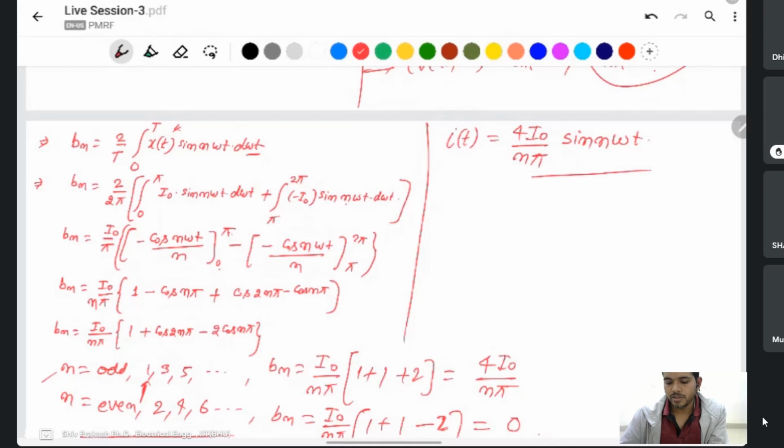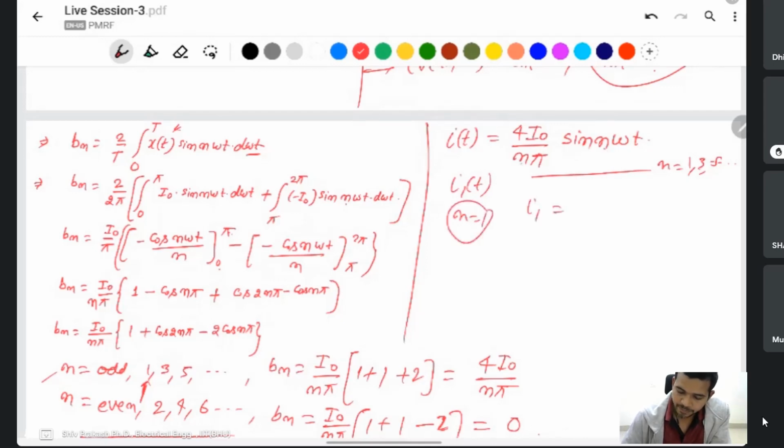This is the current, and n is equal to 1, 3, 5 like that. It is asked about the fundamental I1. I1 means n is equal to 1.